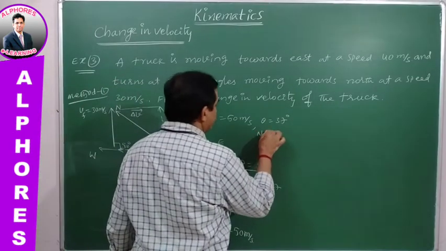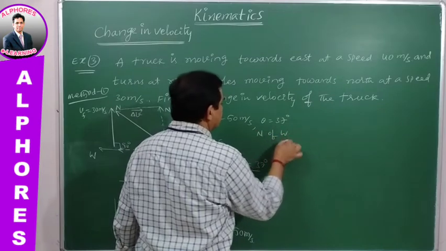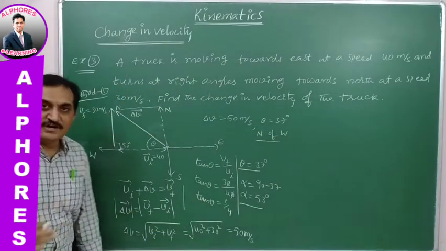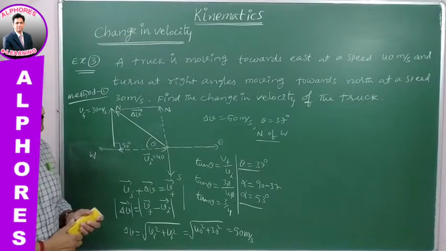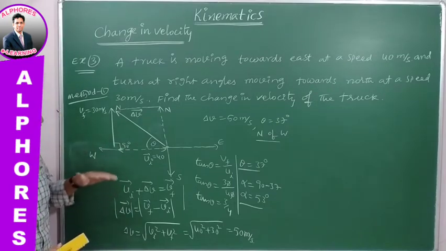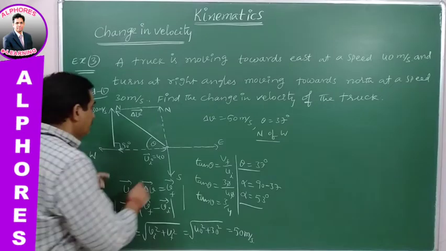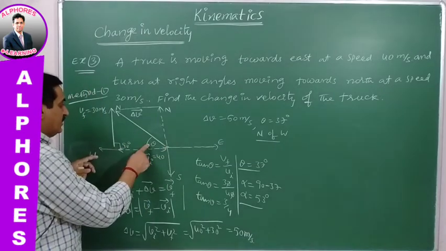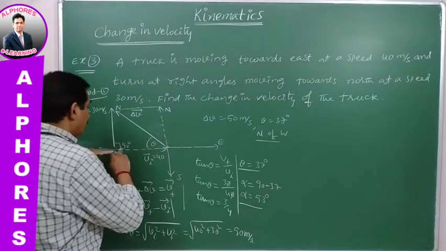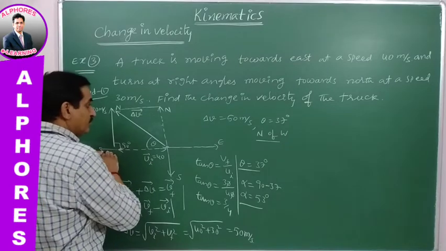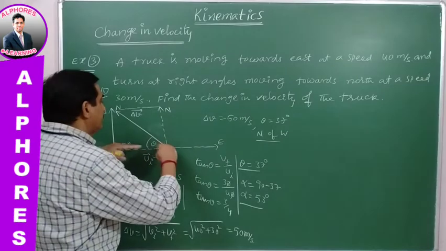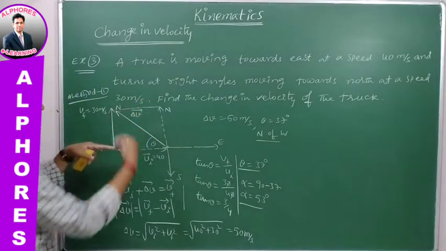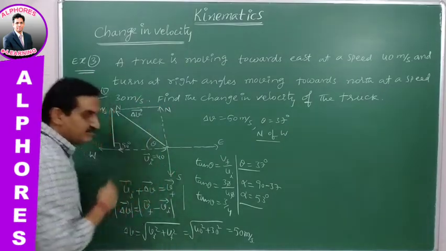North of west. It is not at all the northwest direction. It is north of west. How are we taking north of west? See here, once again the logic is, actually it is making an angle theta, 37 degree, with the west direction. So east-west differentiates, dividing north and south.